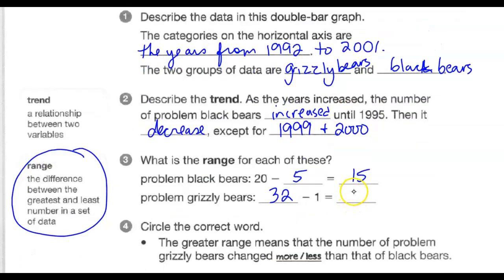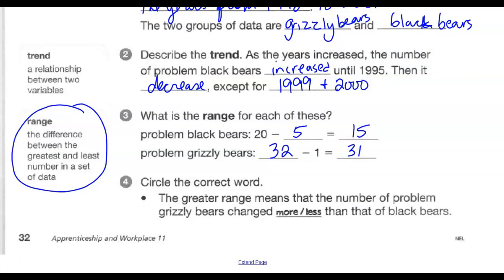Okay, so 32 minus 1 is 31. Okay, circle the correct word. So the greater range means that the number of problem grizzly bears does it change more or less than that of black bears? So the greater range is the grizzly bears, and so that means it changed more, obviously, if it's a big difference between the two values.